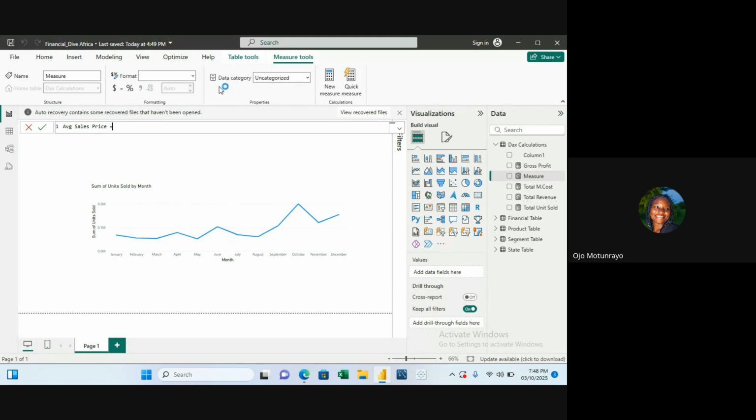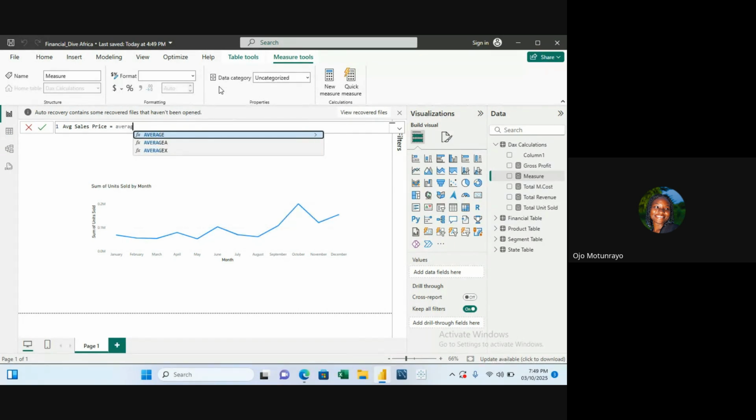Average sales price equals to, so that's why I say you should hold your book and pen so you can pen down how we calculate measures for this, and this.